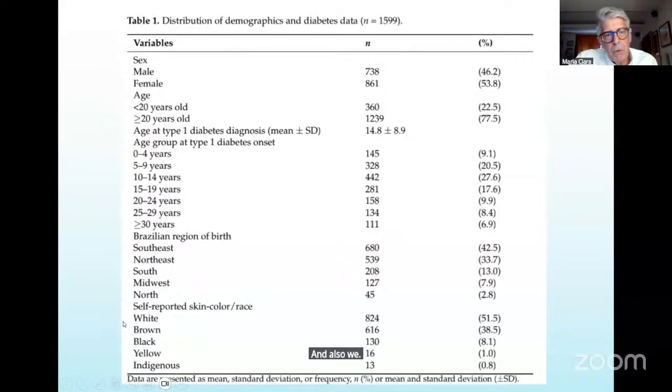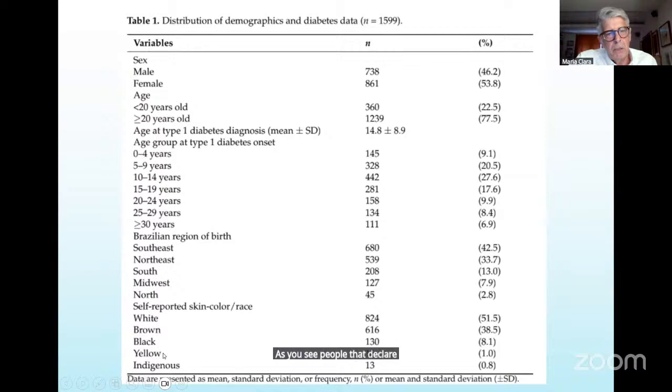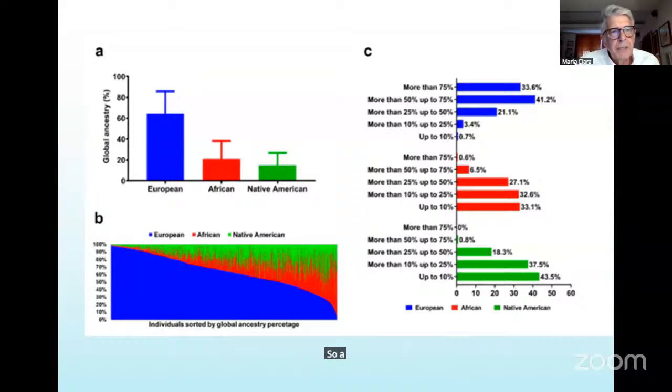And also we concentrate our efforts on people that self-declare as white, admixed or brown, and black. As you see, people that declare themselves as Orientals from Asia, and indigenous, are very few in this group. So as you can see, there is a big concentration of European, but there is a variation, and people from Native American and African origin are also represented.